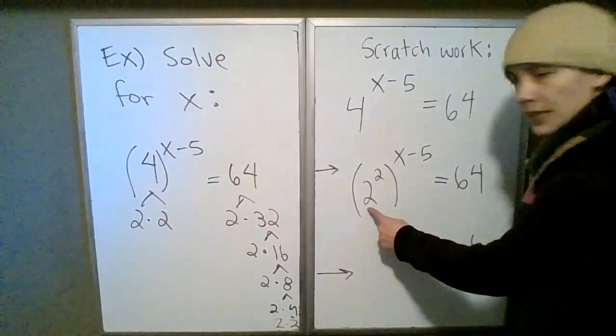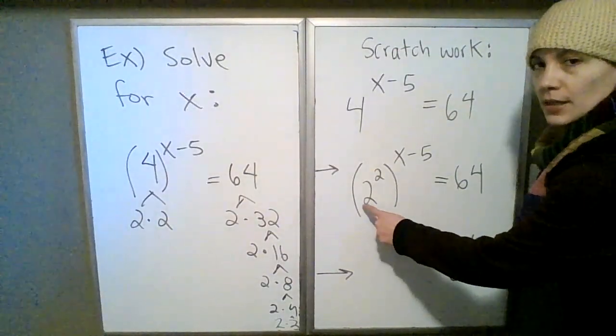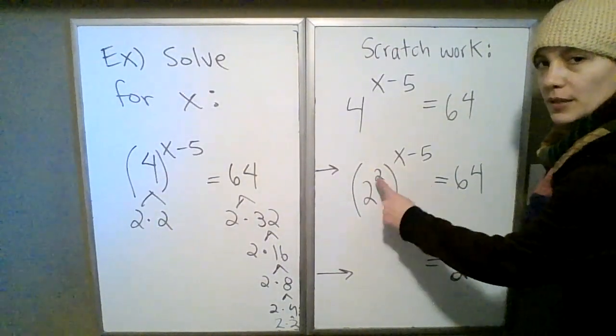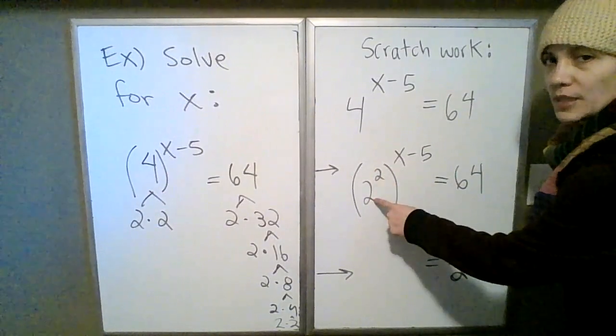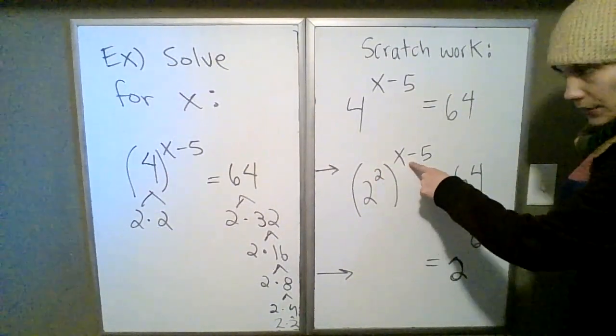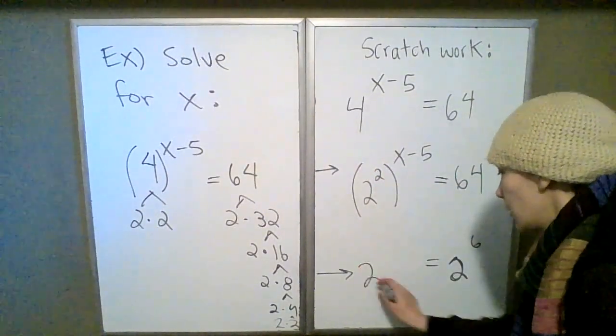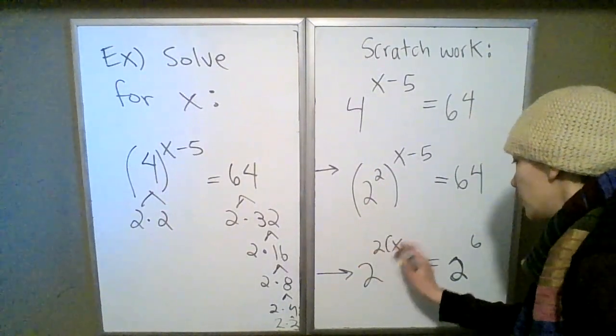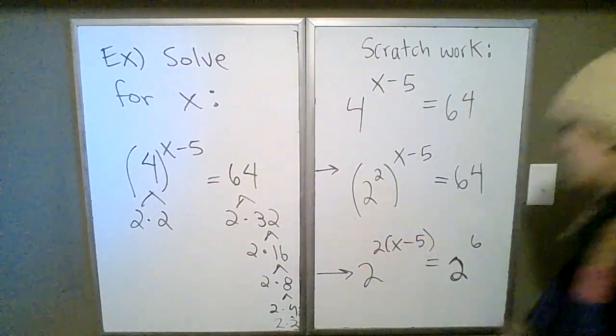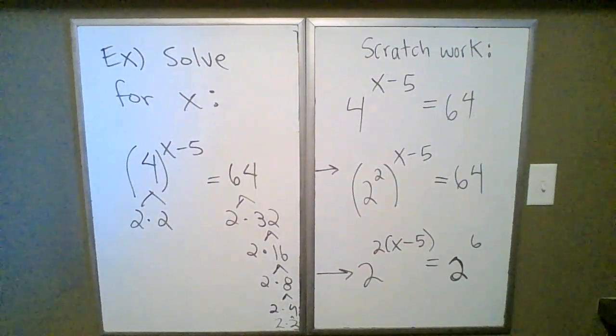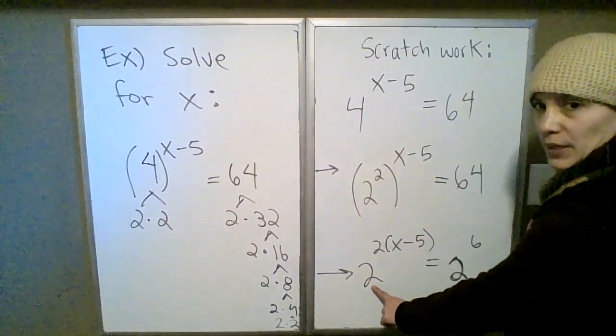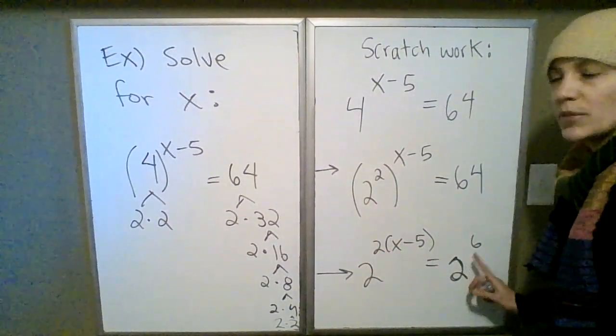Okay. On this side, when you have this power to a power, they'll be multiplied together. So 2 has a power of 2 times (x minus 5). Okay, now that I have both sides with base 2, the exponents need to be equal to each other.